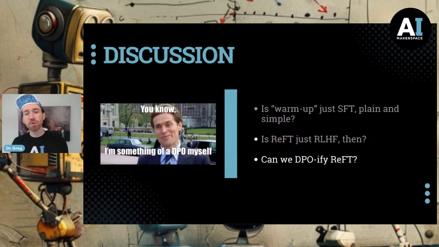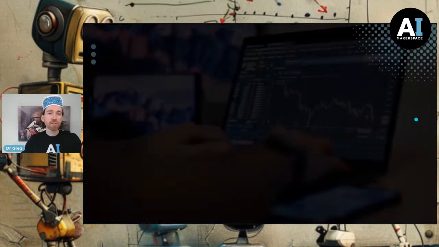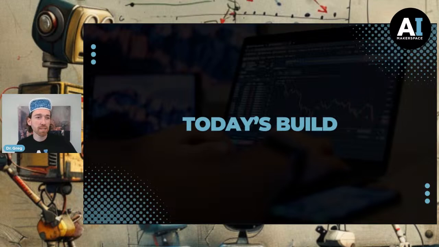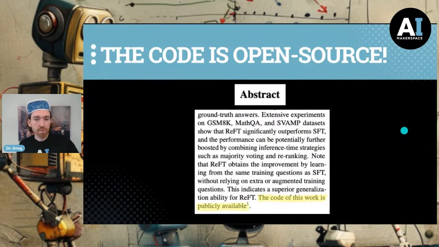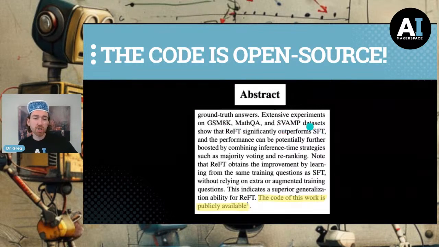So in the paper, we were told, in terms of today's build, that all the code was provided. This is from the abstract of the paper, and they mentioned that the code is publicly available. They did this not just on the Grade School Math 8K data set, but also on MathQA and an additional math data set, and they saw consistent performance improvements.